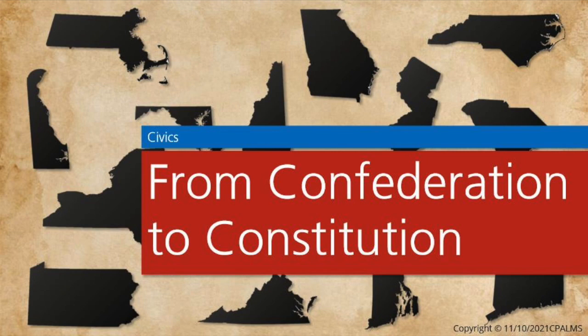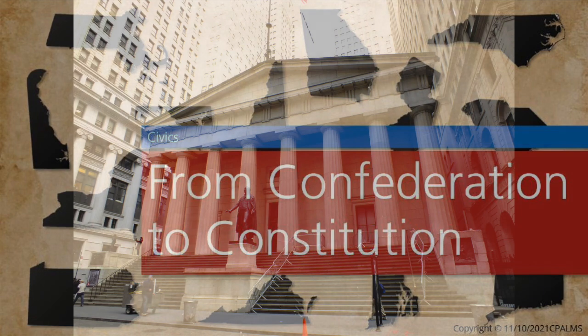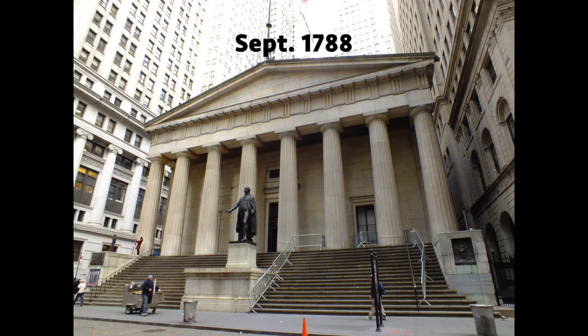But how do you move from a confederation government to a constitutional government? So a special committee was set up to study that, and one of the first issues was, where's our capital going to be? So the temporary capital was at what's now called Federal Hall in southern Manhattan near Wall Street.